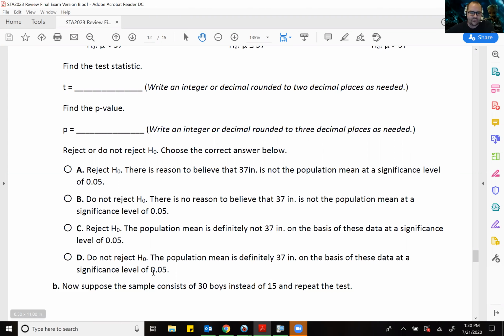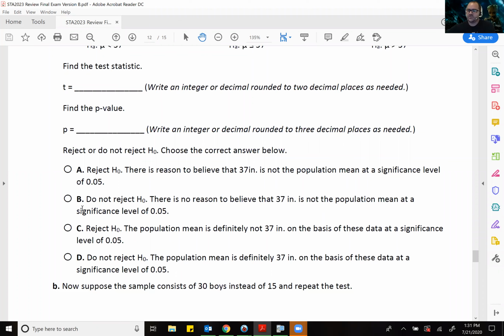We can't necessarily say it's definitely, but it has given us no reason to not believe it. Oh, wait a minute, I was looking at the wrong one. There is no reason to believe that it's not the population mean. So I'm going to go with B on this because you can't say it's definitely this. There's just no reason to believe it is not. There was insufficient evidence to prove otherwise.